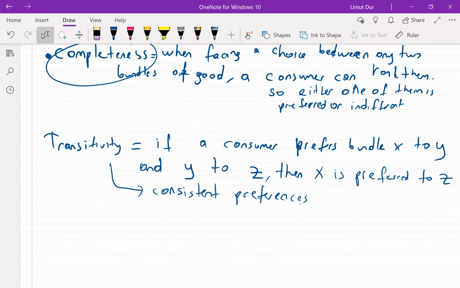There should be some kind of consistency within the preference. And the third one, the last one, is more is better.